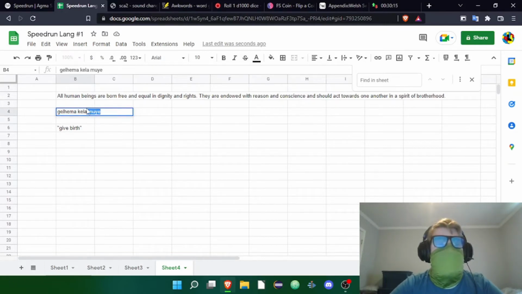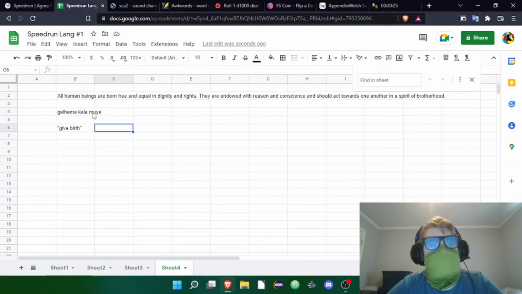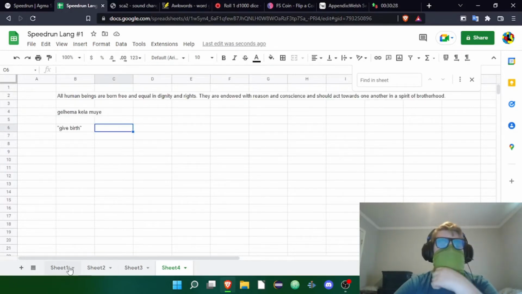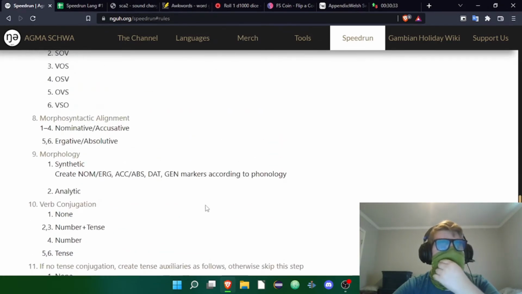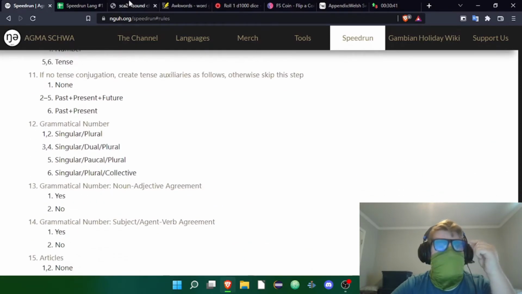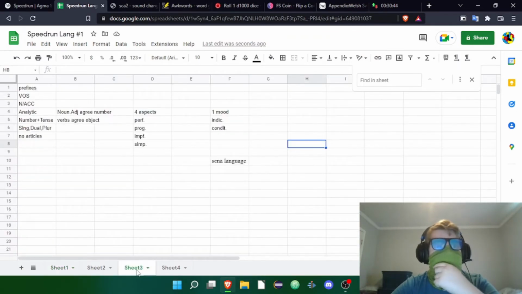So let's say this agrees with this as an adjective. If this is VSO, then the morphology is analytic. Let's see if I have anything here about nouns and adjectives agree in number, no articles.